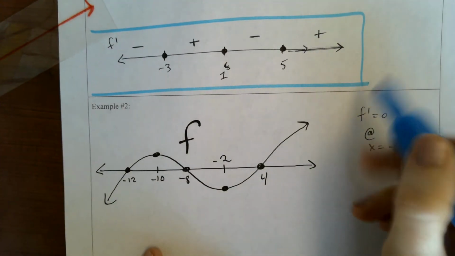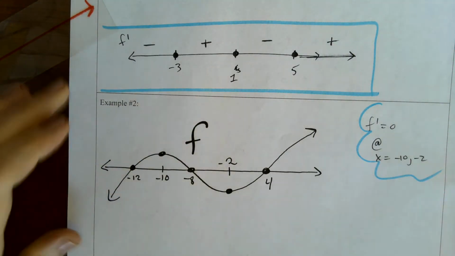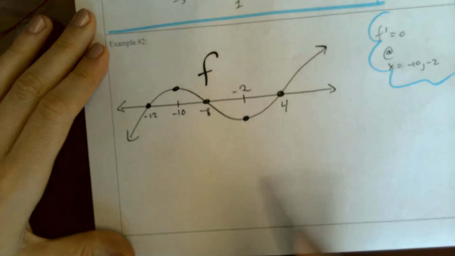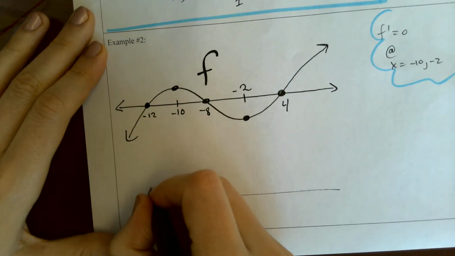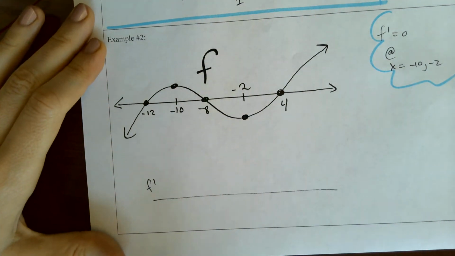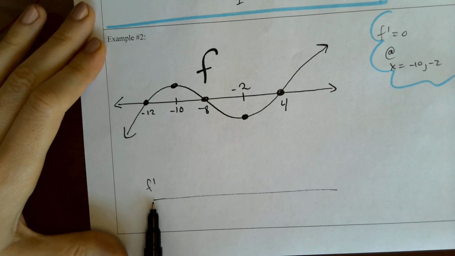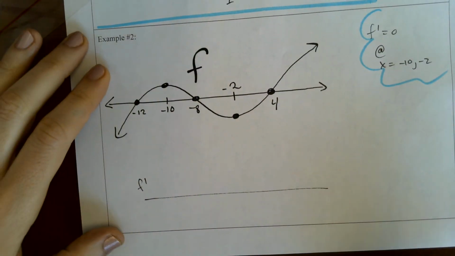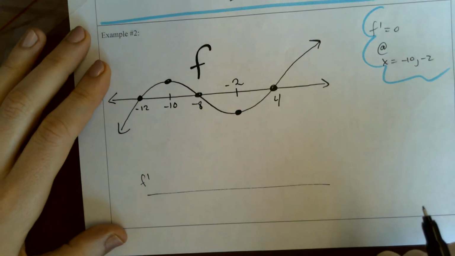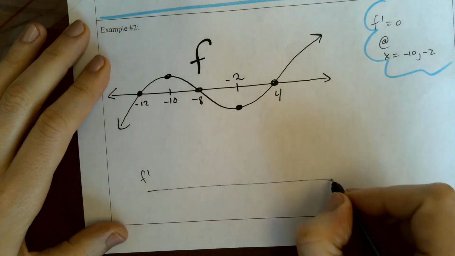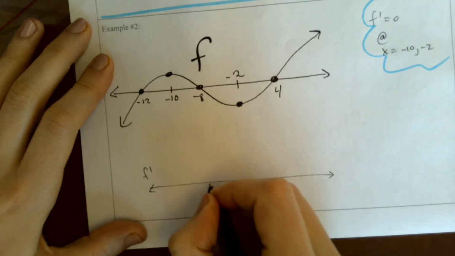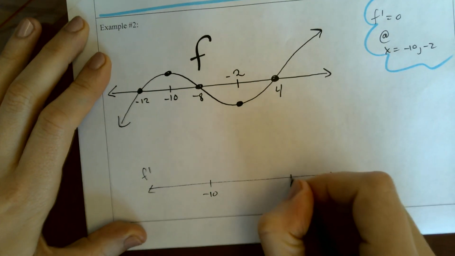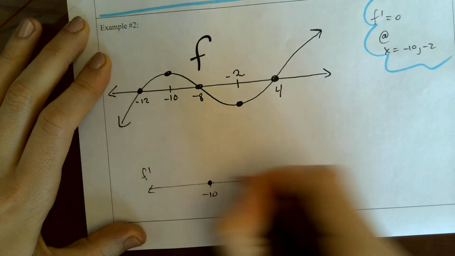Then I go to my number line. It's important to put f prime here, because we're also going to have an f double prime number line. When we do these number lines, they could represent different things, so it's important that you label the number line. So this is the f prime number line. I'm putting negative 10 and negative 2 on it.